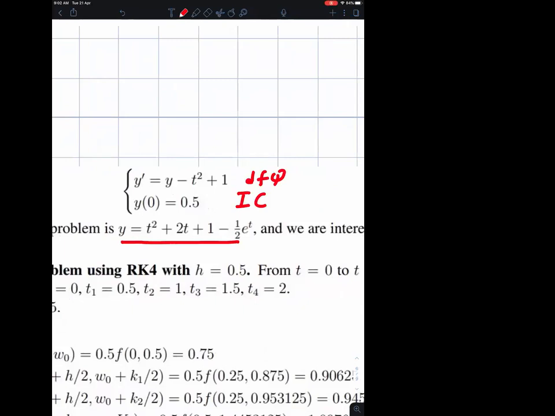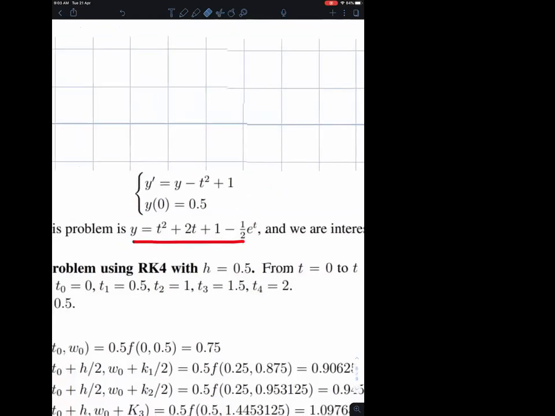You can do separation of variables, and if you cannot, then you can use other methods that we have learned, maybe an integrating factor. This is an example just to learn how to solve and find y. This is just for practice.